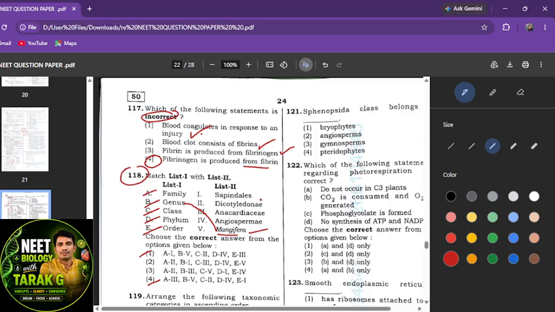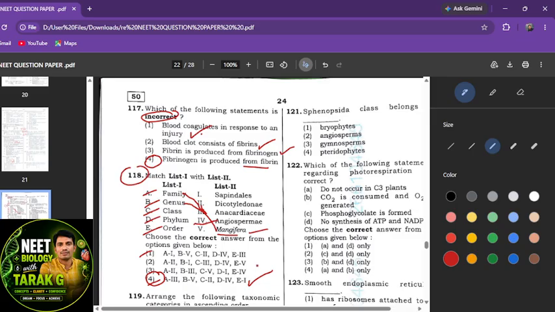If you go for this phylum, D automatically Angiospermae. This is the phylum, right? A is the family, 3 Anacardiaceae, right? So like that you can get the answer easily. The fourth is the answer, 118.